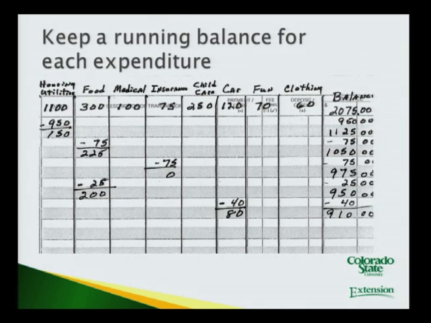And then as you spend using your checks, then of course you want to write down what you've spent, the check number and so forth. But it's a way of having something small and simple with you that you can record and know what your plan is as well as where you stand with your plan.